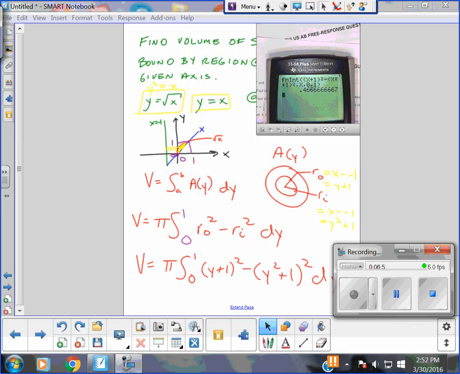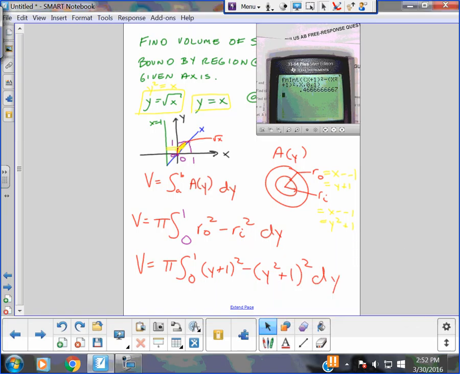So everybody, when I do it in my calculator, I didn't include pi. Up here you can kind of see it right here, right? I just did it here. So I get volume equals pi times, it looks like 0.46 repeating. We know a repeating decimal will be a rational number. You can probably figure out the fraction. 7/15.